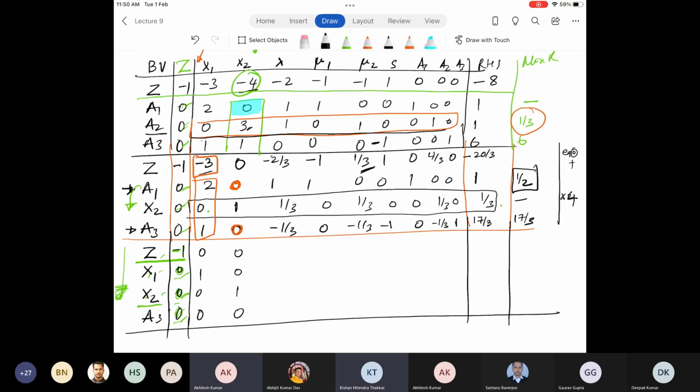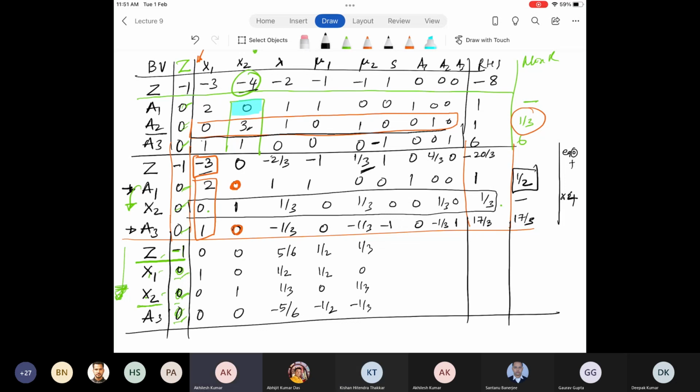Lambda is 5 by 6, 1 by 2, 1 by 3, minus 5 by 6. Okay, next. 1 by 2, 1 by 2, 0, minus 1 by 2. Okay, mu2: 1 by 3, 0, 1 by 3, minus 1 by 3.